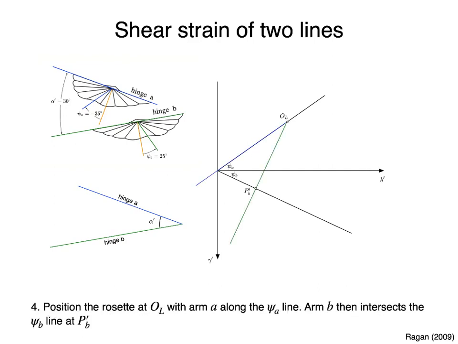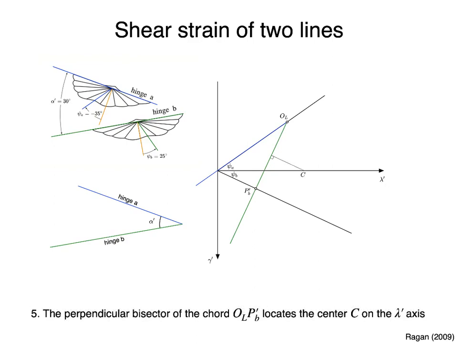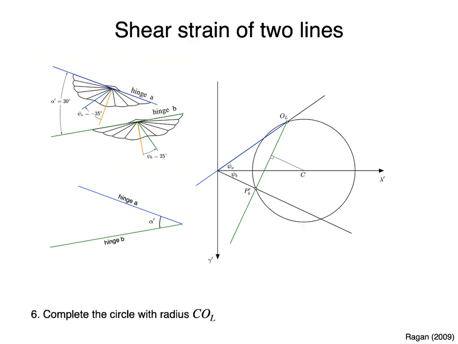We position the rosette at OL, with arm A along the psi A line. Arm B then intersects the psi B line at P'B. The perpendicular bisector of the chord OL P'B locates the center of the Mohr circle, C, on the lambda prime axis. We complete the circle with radius C OL.